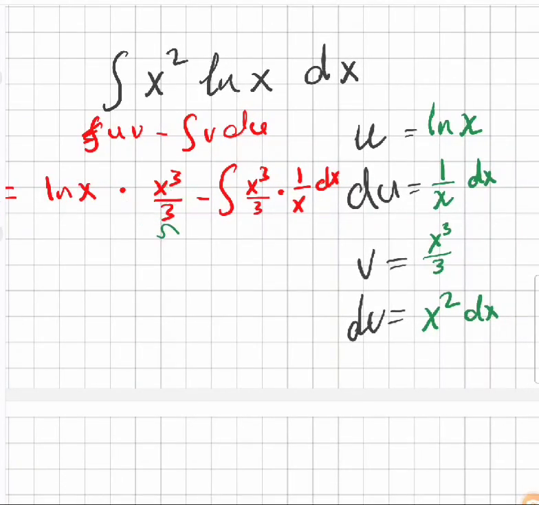So this is equal to 1/3 x cubed times ln x. And then we could cancel an x. And so we have minus 1/3 the integral of x squared dx.